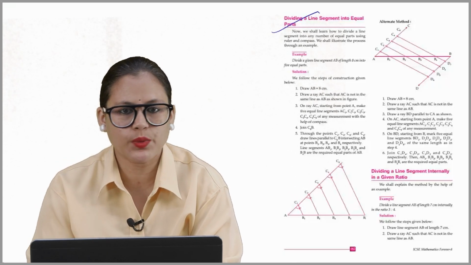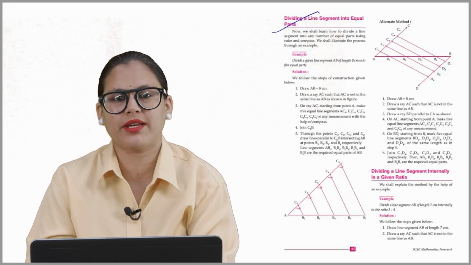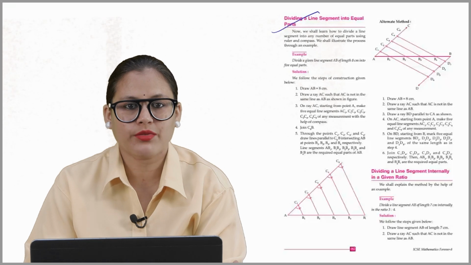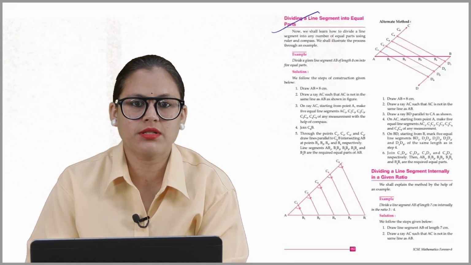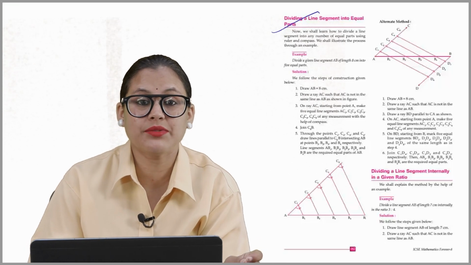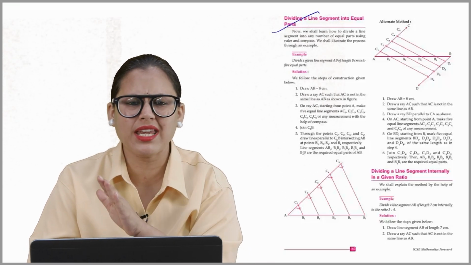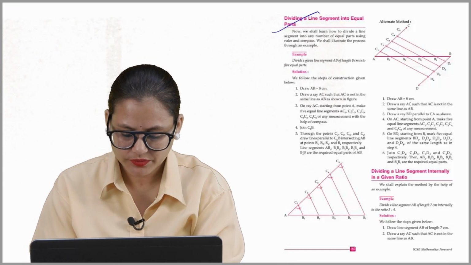Number 1, draw AB equal to 8 cm. 2, draw ray AC such that AC is not in the same line as AB, as shown in the figure. 3, on ray AC starting from point A, make 5 equal line segments AC1, C1C2, C2C3, C3C4, C4C5 of any measurement with the help of compass. 4, join C5B.